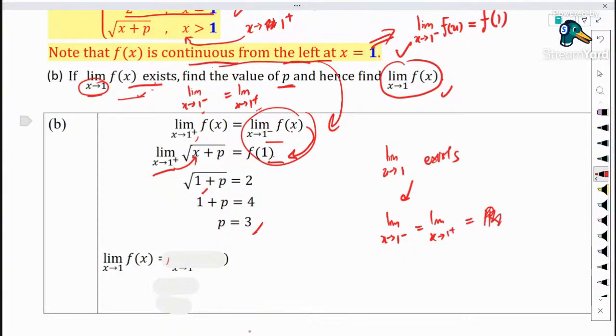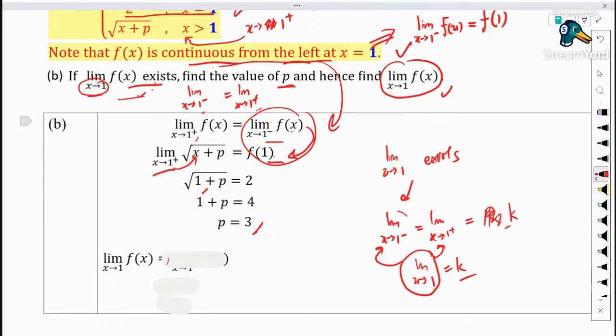Let's say I call the real number k. Then the limit as x approaches 1 is also equal to k. So in other words, the limit as x approaches 1 equals the left and right hand side limits.